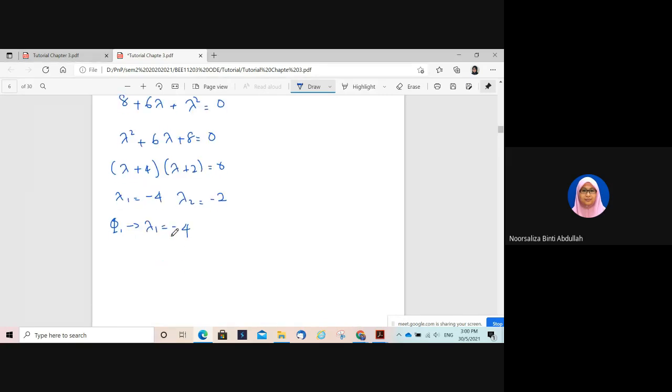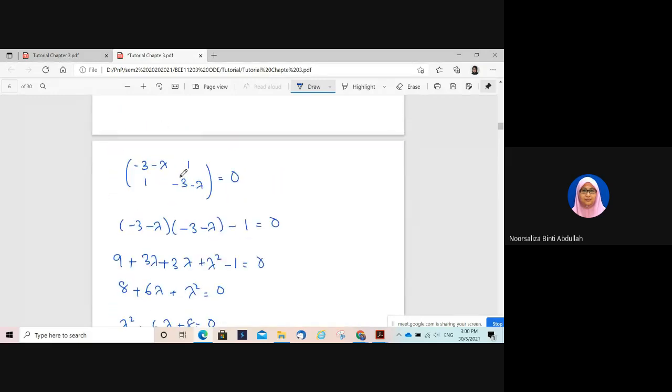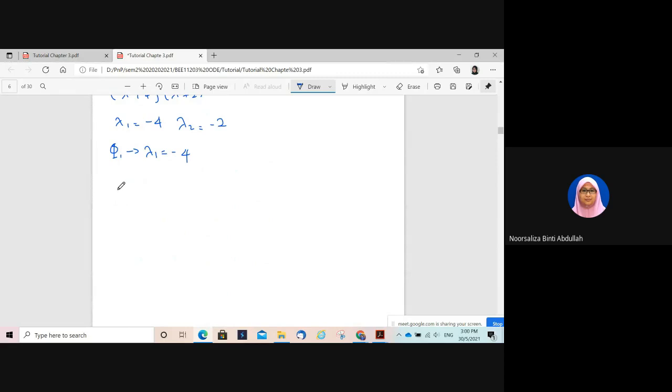Then you replace lambda with minus 4 inside these equations. Now you have minus 3 minus minus 4, 1, and then here is 1, minus 3 minus minus 4. This one is x, y equals to 0.